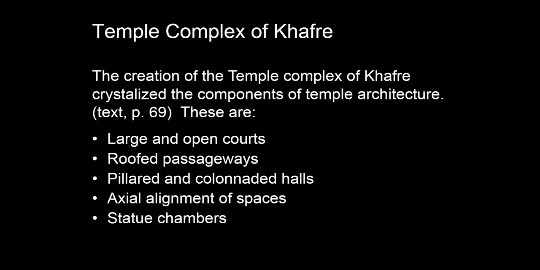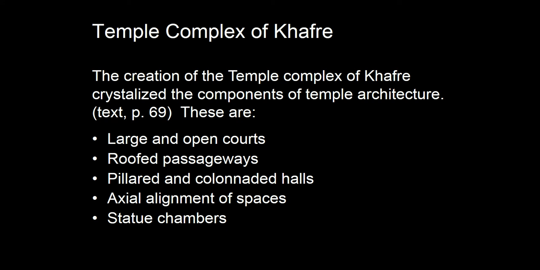Okay? And these key characteristics are things that you should know about the temples. And the Egyptian temples literally will become the predecessor to what most of our Western church architecture would become.